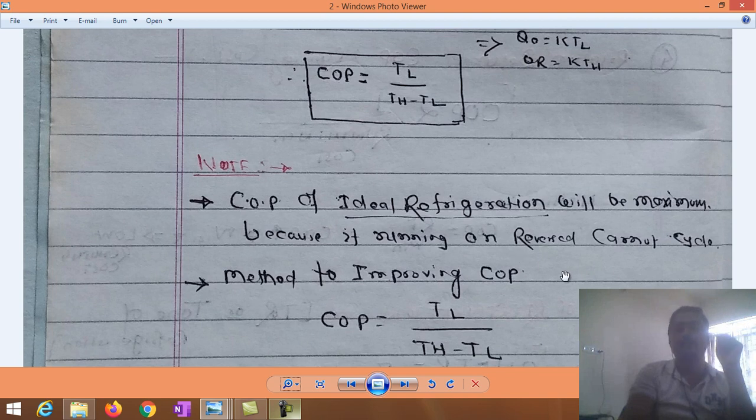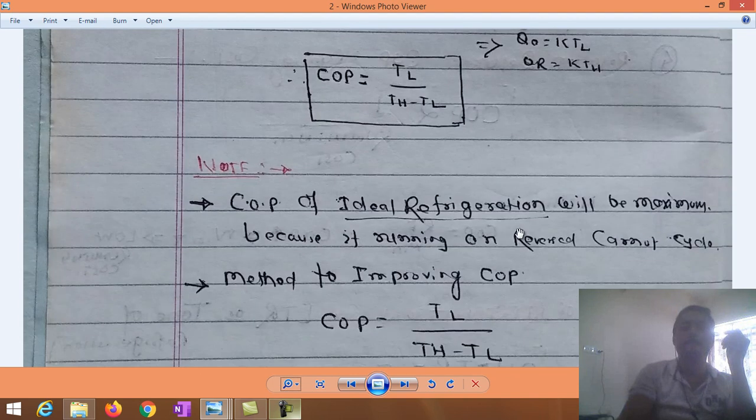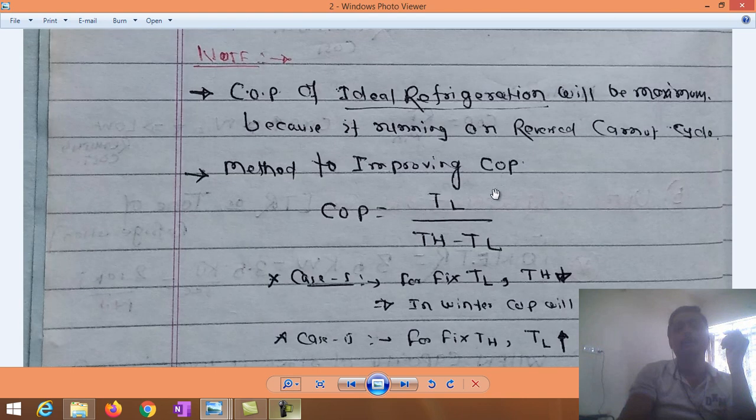And the next important point is how to improve this COP of reverse Carnot cycle. Suppose that you want to improve the COP of this reverse Carnot refrigeration cycle, then how will you improve? You have this basic formula, COP is equal to TL divided by TH minus TL. Suppose that if you fix the TL, then how will you improve the COP?